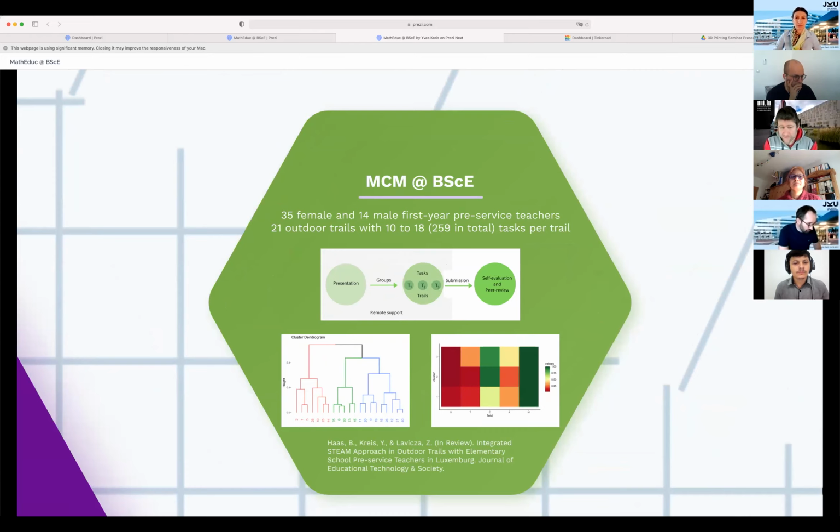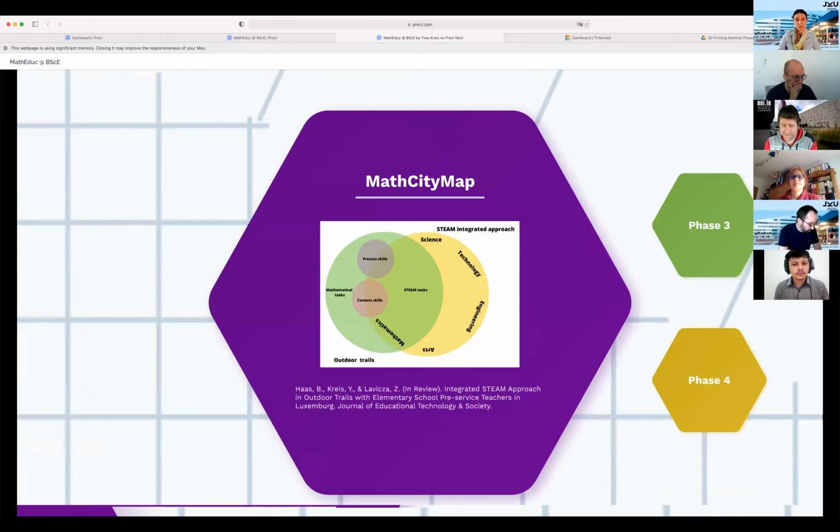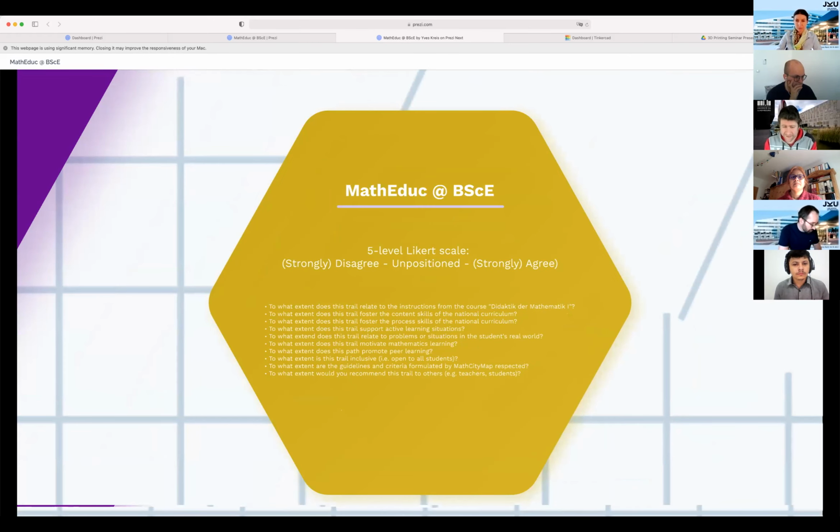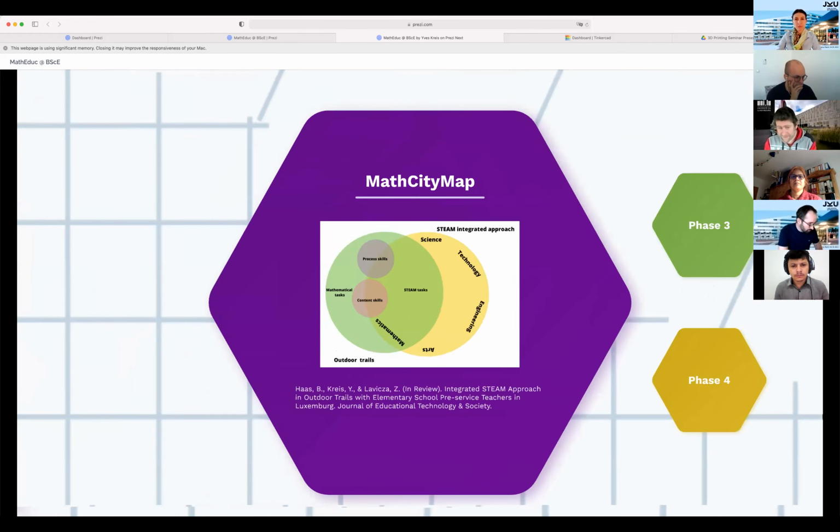The students were working in groups developing these tasks, and currently we are in phase 4 of this, and now we are extending it, so the students are co-evaluating themselves using 10 questions on a Likert scale. So this was for Math City Map, which was our start to come to the real world.